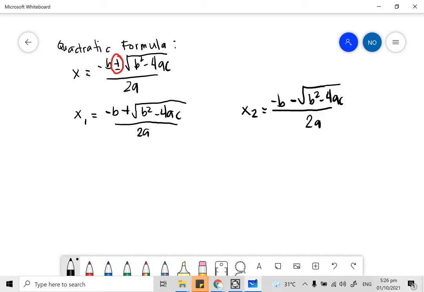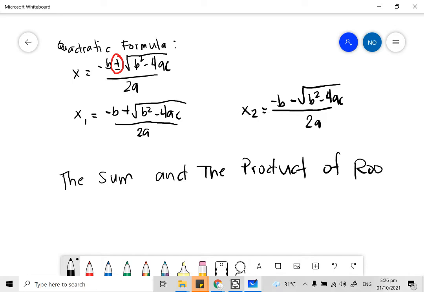So, ngayon, ituturo ko sa inyo, class, yung sum and product. Kung paano kunin yung sum and the product of roots of quadratic equations. Okay?